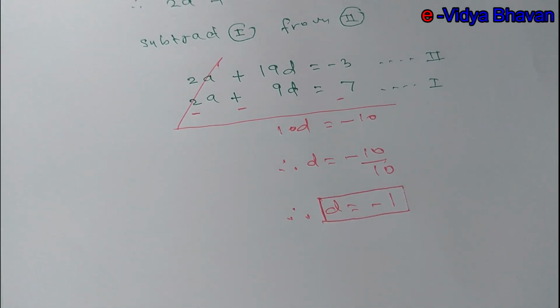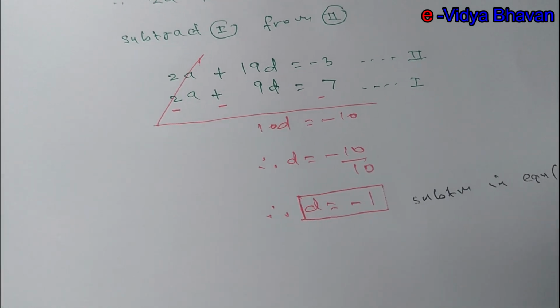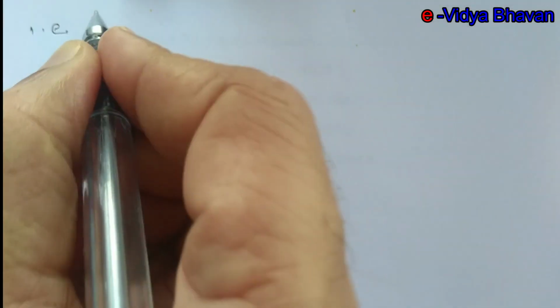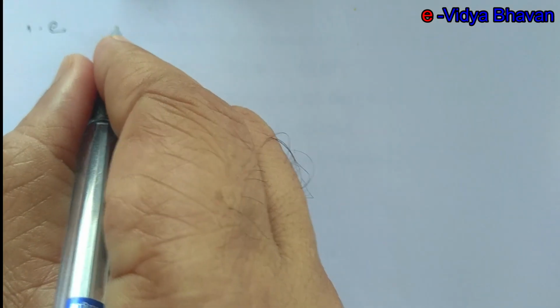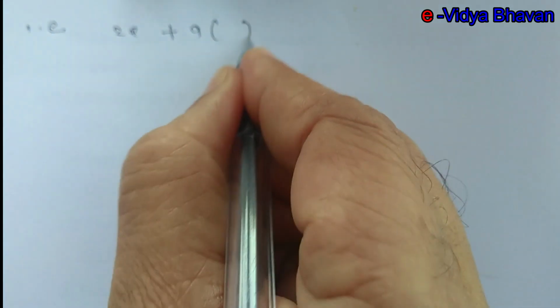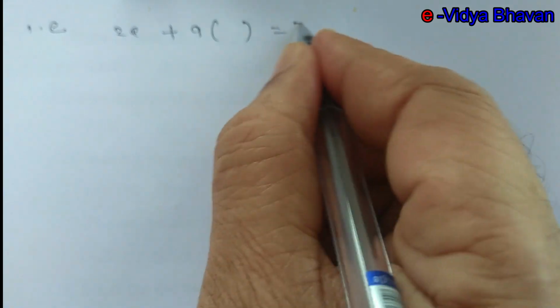Now, let's go further. Substitute the value of d in equation 1. Substitute the value of d in equation, that is, equation number 1 will be 2a plus 9 into d is equal to 7.